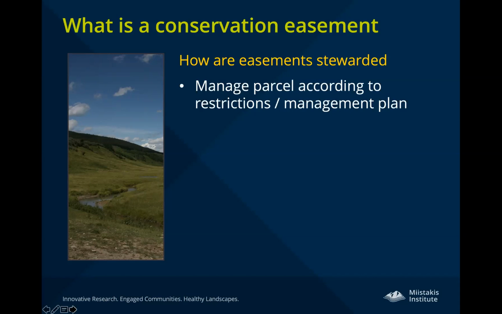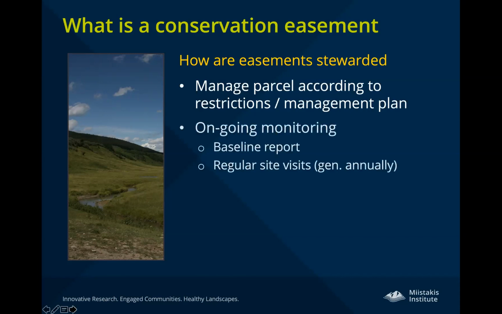And that lays out all of the things that need to be done on that property to maintain the conservation values. So remember, I said that conservation easements can have restrictions as well as prescriptions. Well, this is the primary tool by which you would articulate those and ensure that those are happening. So it might be certain standards that grasslands have to be managed to, or certain standards that riparian areas have to be managed to, and that's all articulated within those plans.